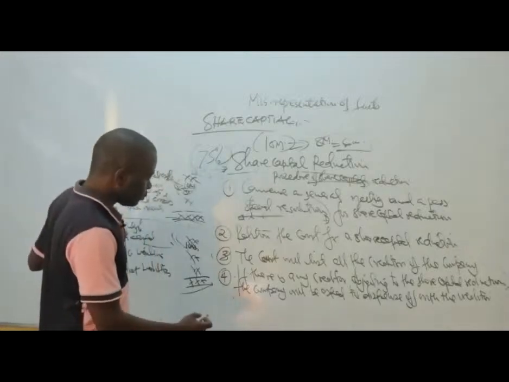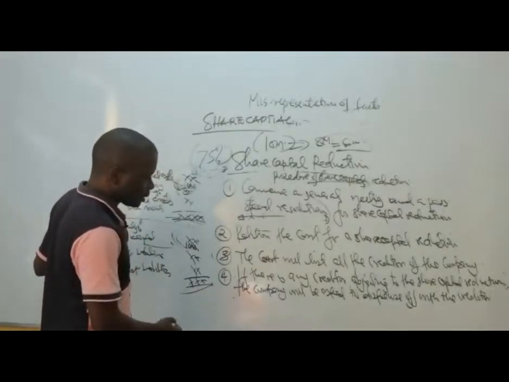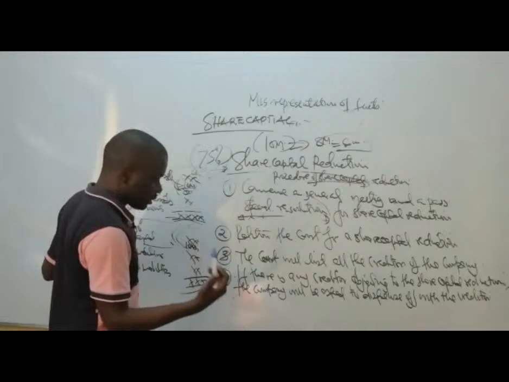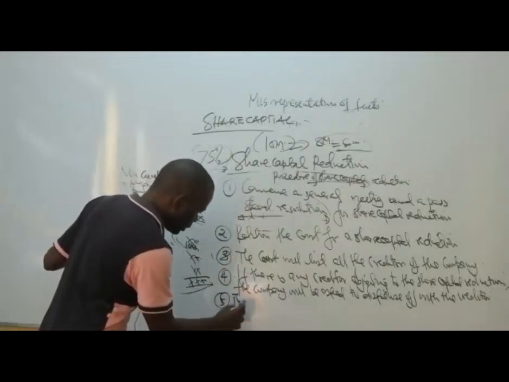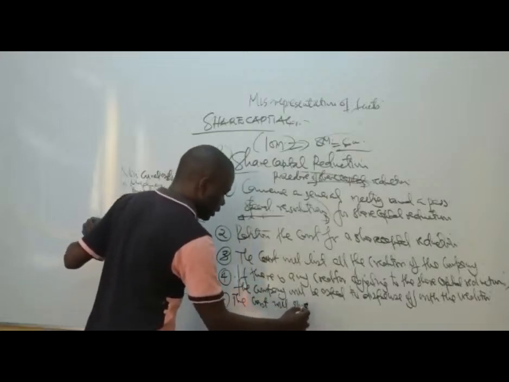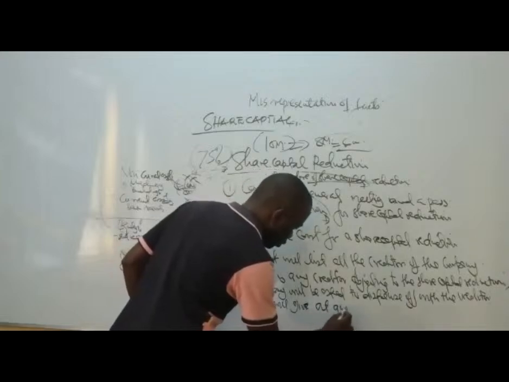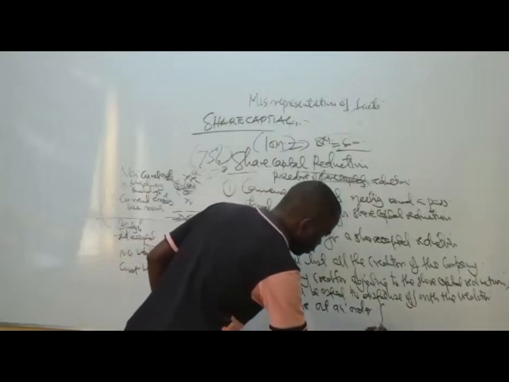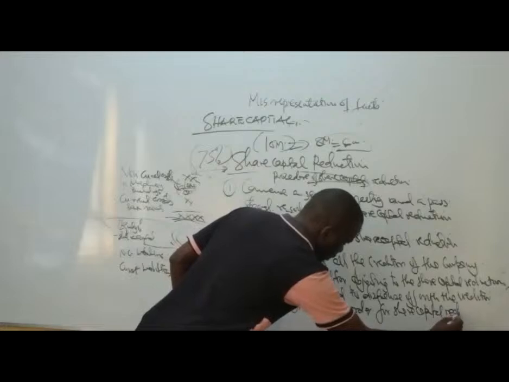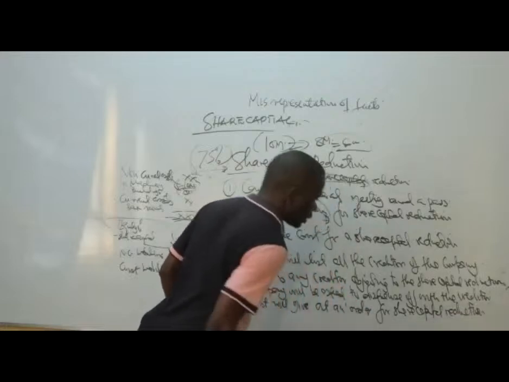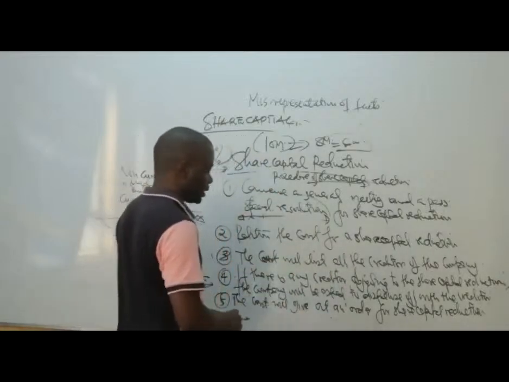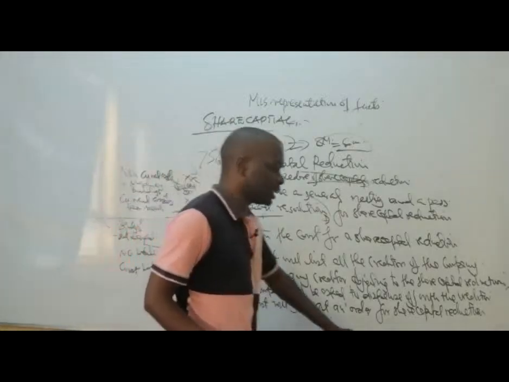Then after that has happened, and the company has dispensed off with the creditors, the court will give out an order for share capital reduction. That order by the court will be given out after having dispensed off with the creditors of the company.